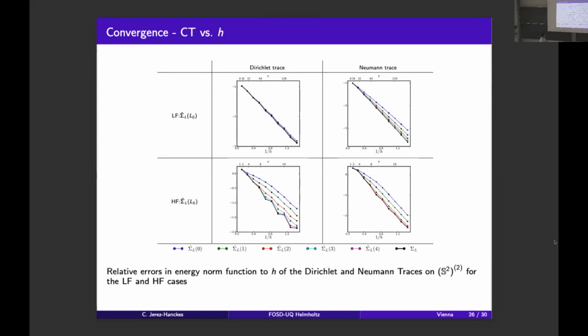Here, of course, for high frequency, this is the Dirichlet trace, this is the Neumann trace. You get the convergence in h, and then for different L0s here, you start converging faster and faster as you include a better sparsification of your elements.